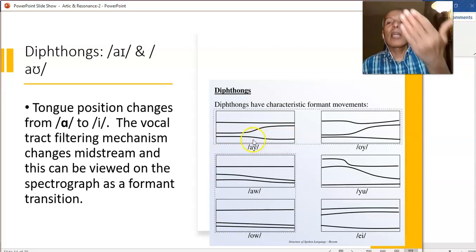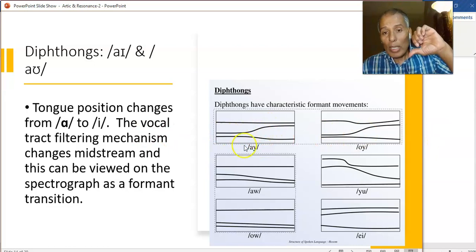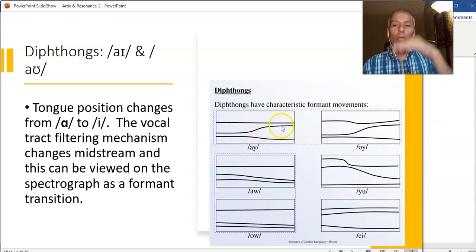For A, the front is wide open. There's more air space. And the frequency goes down for A. But look what it does as you switch, you transition to the E, then the frequency goes way higher. And then for the third one, they're almost close. But you can see this one here, oi, that is the opposite.